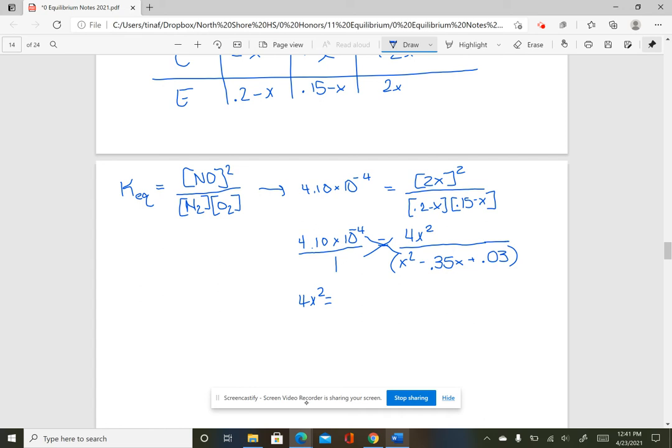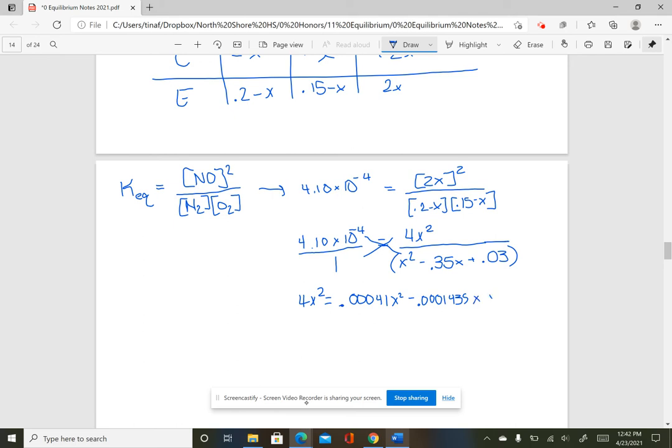To me, it just looks nicer. If you'd rather write it in scientific notation, that's fine. But it's going to be 0.0004 1 x squared, minus 0.0001435. That's what I get when I do 4.1 times 10 to the negative 4 times 0.35x.